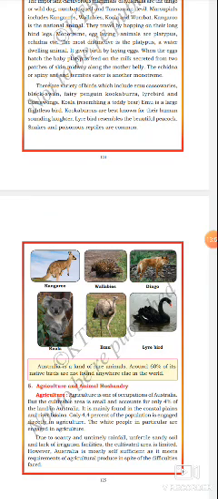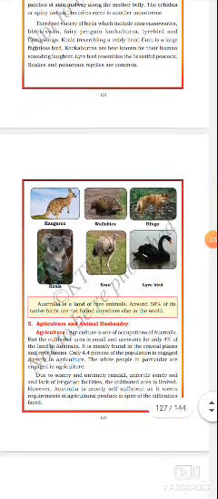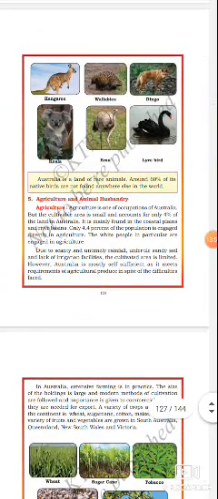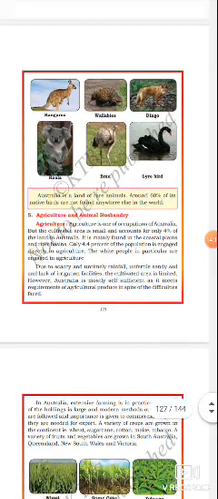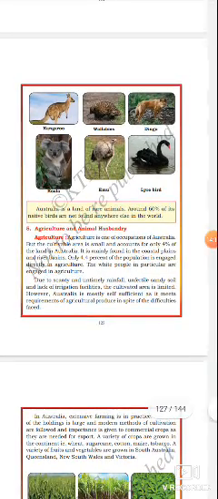Snakes and poisonous reptiles are common. See, observe the pictures, dear students. They show kangaroo, wallabies, dingo, koala, emu, lyrebird. These are the different or unique animal wealth in the Australian continent.